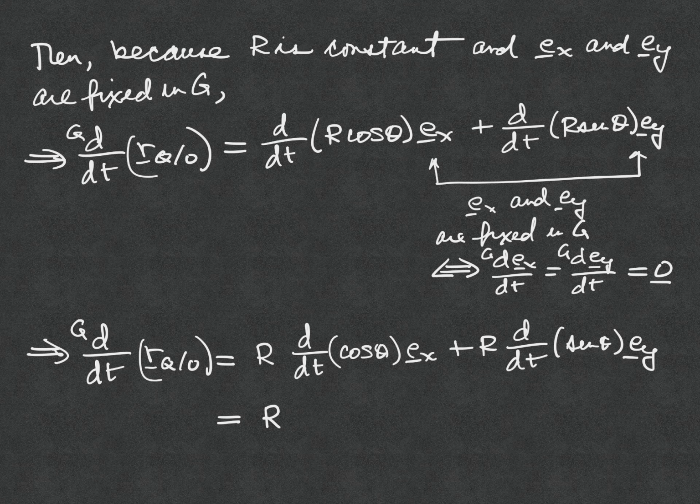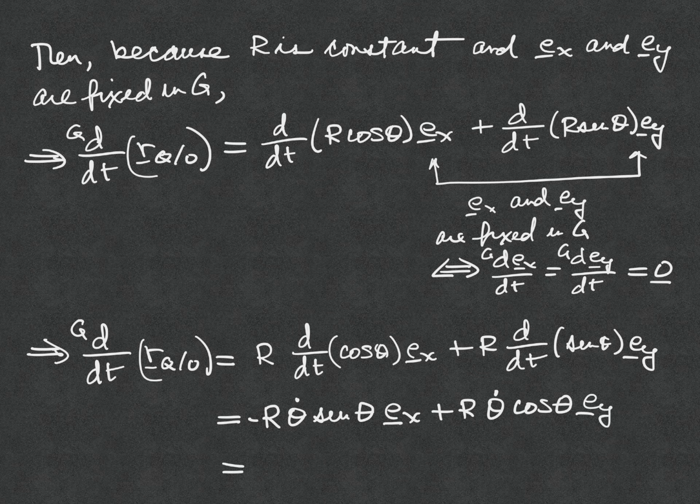The derivative of cosine theta with respect to theta is minus the sine of theta, but then it's times d theta/dt. So I get minus R theta dot times the sine of theta times EX. Similarly, the derivative with respect to time of sine theta is cosine theta times theta dot. So I get plus R theta dot times the cosine of theta times EY.